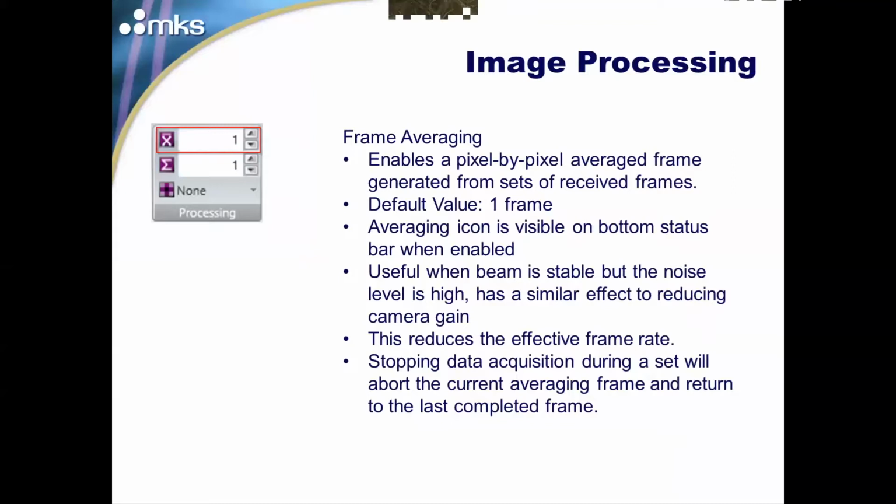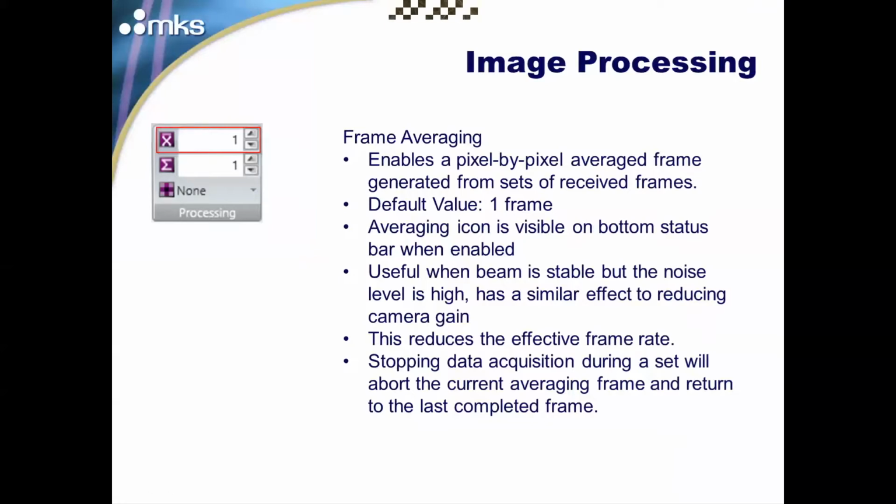This does reduce your effective frame rate. So if you're seeing that your frame rate is unusually slow, but you see the averaging symbol on the status bar, then you currently have frame averaging running.